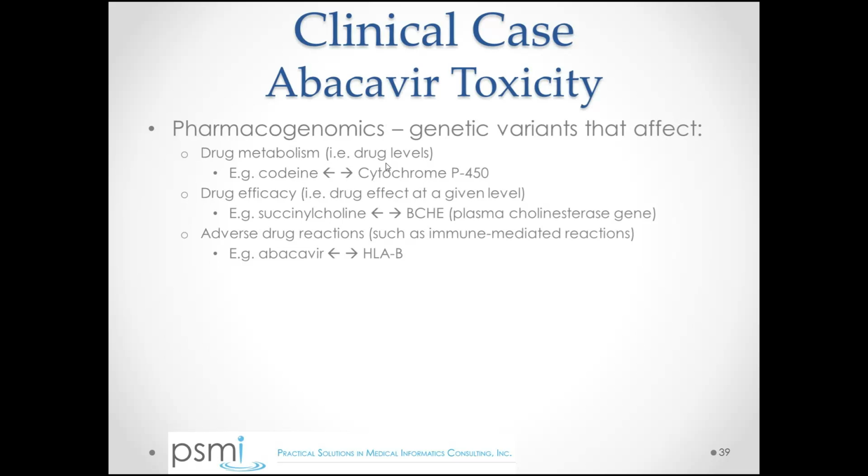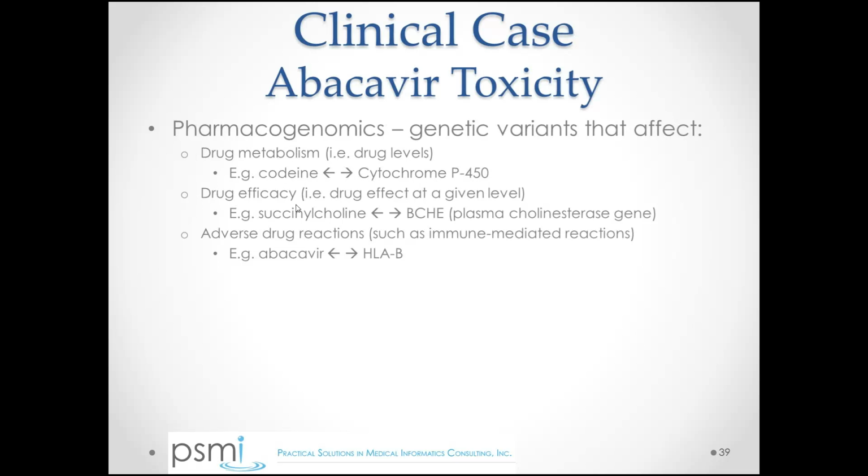When we talk about drug metabolism, what we're really talking about is drug levels. And so there are certain genetic variations that will give you a higher drug level or a lower drug level. One example is codeine and its interaction with a particular cytochrome P450 gene. So pharmacogenetics can affect drug metabolism, in other words, drug levels.